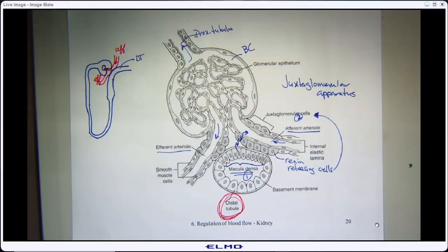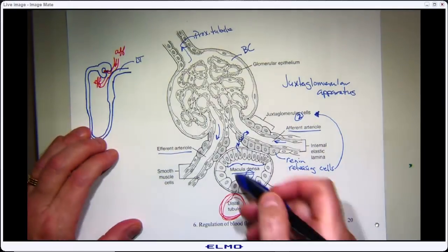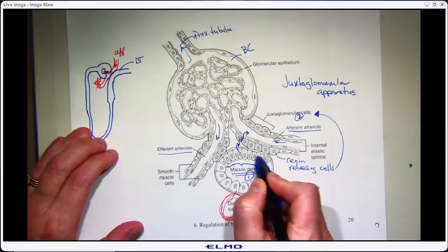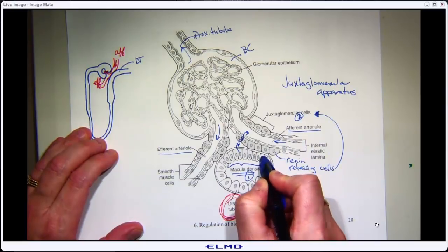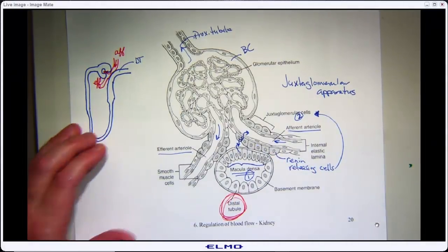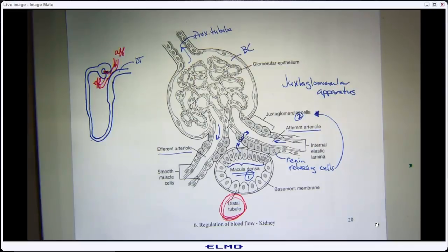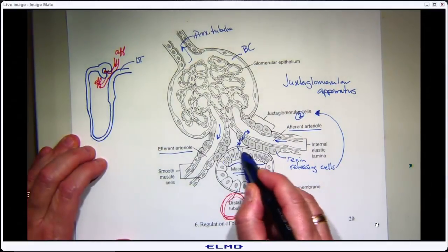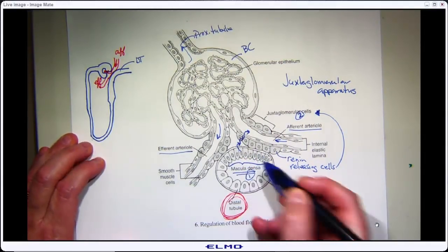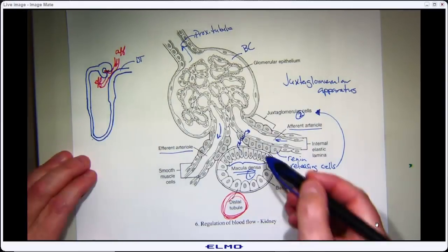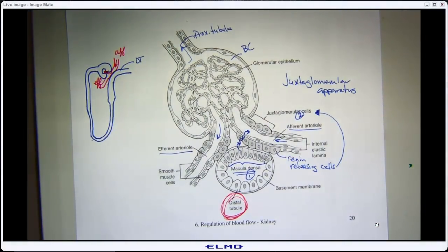So the cells lining the distal tubule are releasing products to affect those afferent arterioles. Essentially that is what this juxtaglomerular apparatus is. Cells of what we're going to call the macula densa. So those are just cells lining the distal tubule on the side that is intersecting with the afferent and the efferent arterioles. Okay?